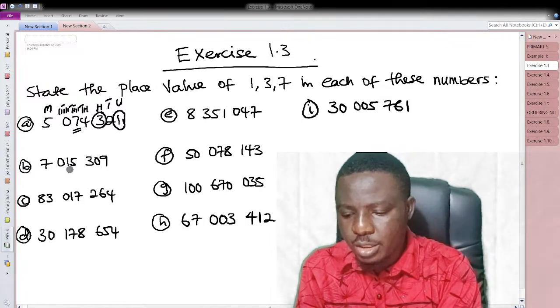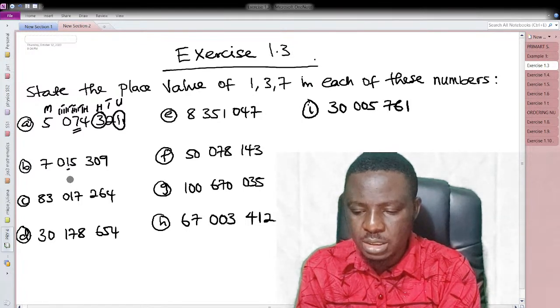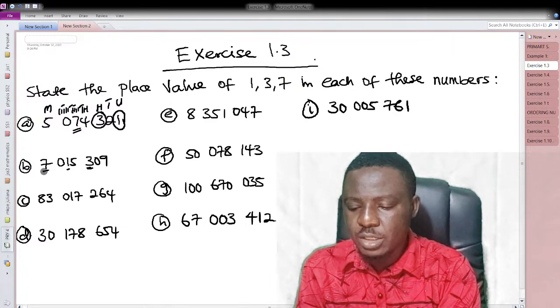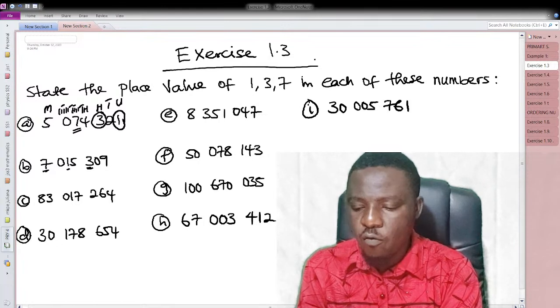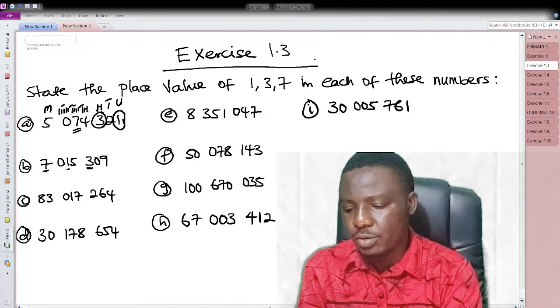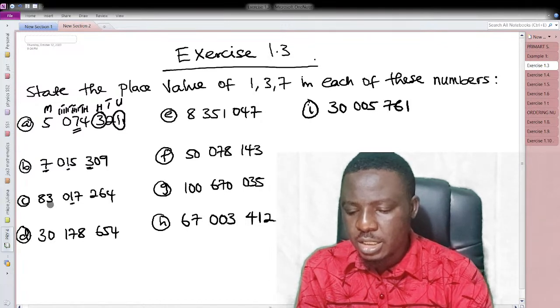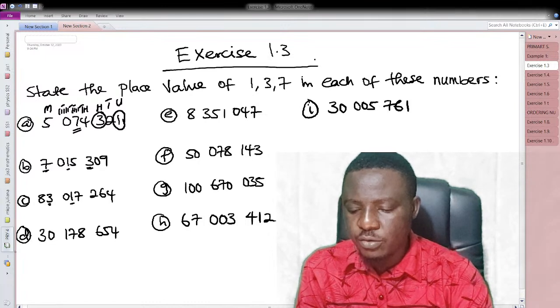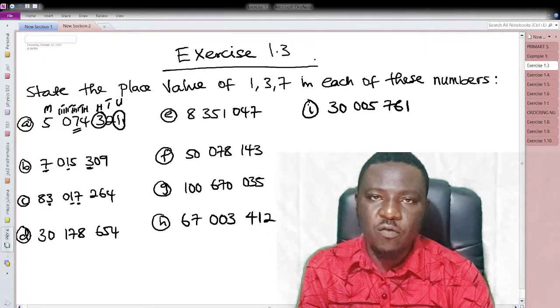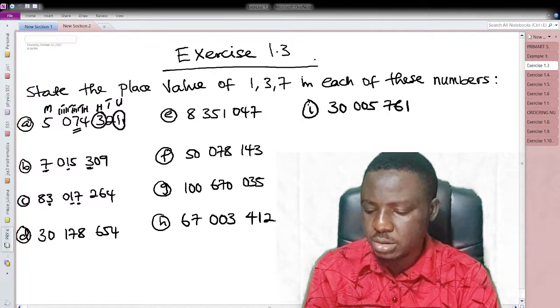B, 1 is taking the place value of tens of thousands, as you can see. 3 is taking the place value for 100, and 7 is taking the place value for million. C, 1 is taking the place value for tens of thousands, 3 is taking the place value for million, and 7 is taking the place value for thousand.